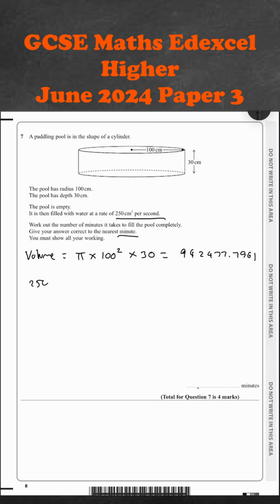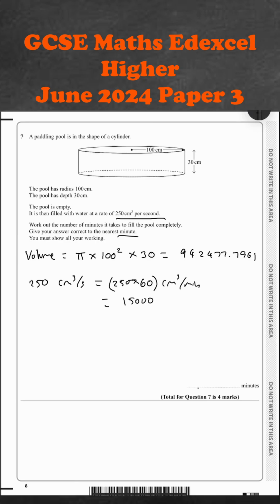Then we need to convert this from per second to per minute. So if you've got 250 centimeters cubed per second, that is going to be the same as 250 times 60 centimeters cubed per minute. So 250 times 60, 15,000.